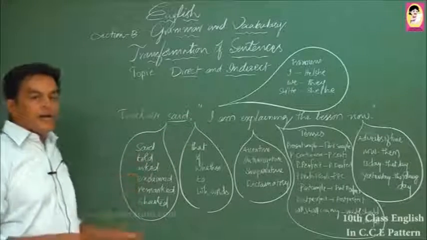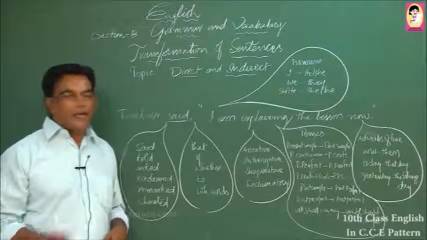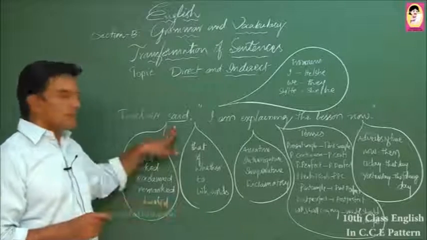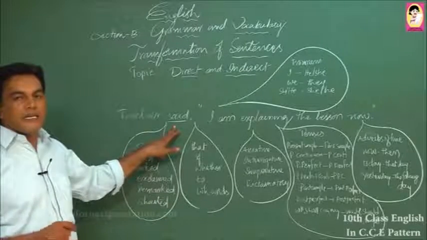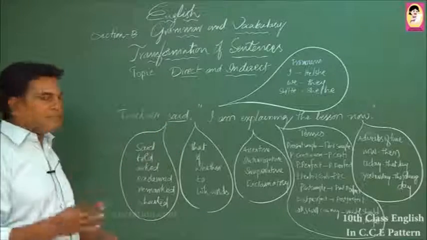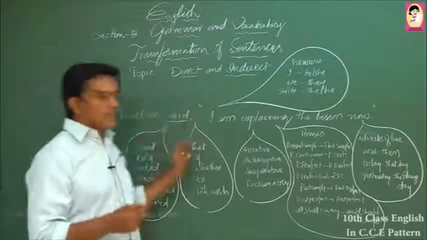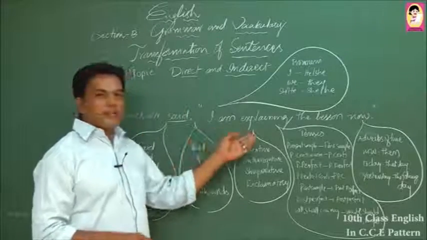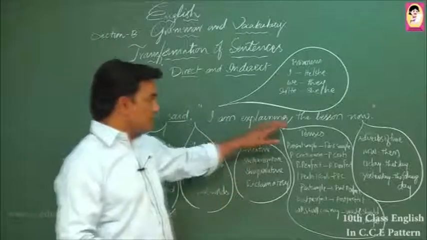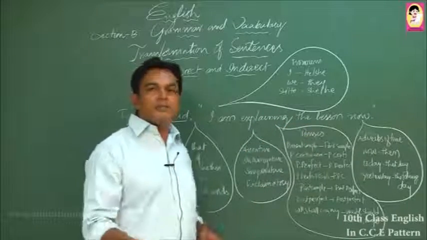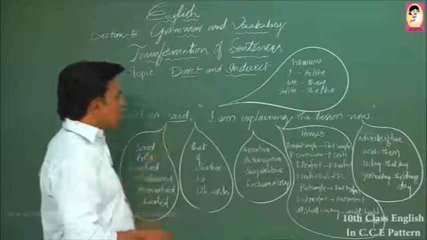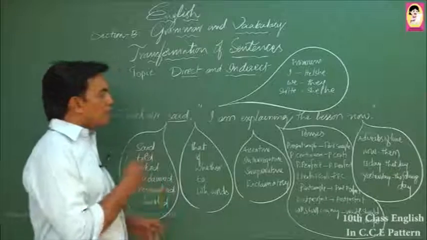You can have any word, and other than these words you can have, and you must look at this: the reporting verb must always be in the past tense, that is second form of the main verb. If this is in the past tense, consider that you have every right to change the following sentence, that is reported sentence, into indirect. So this is one.